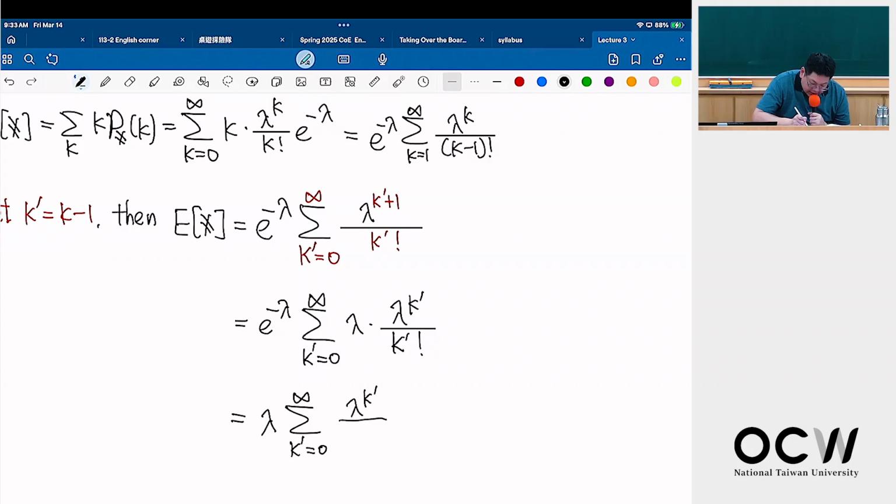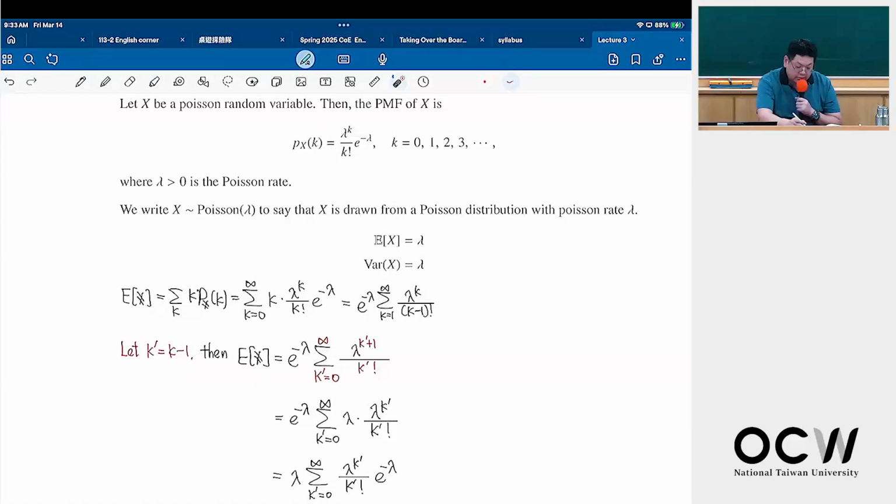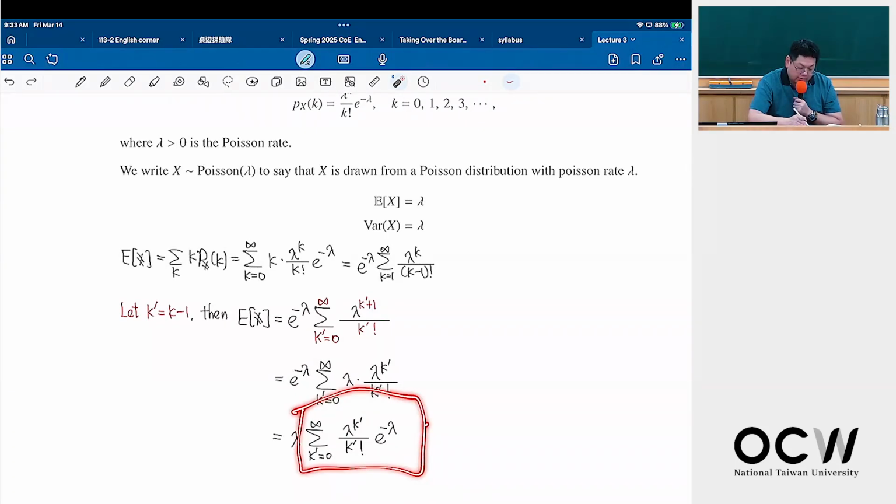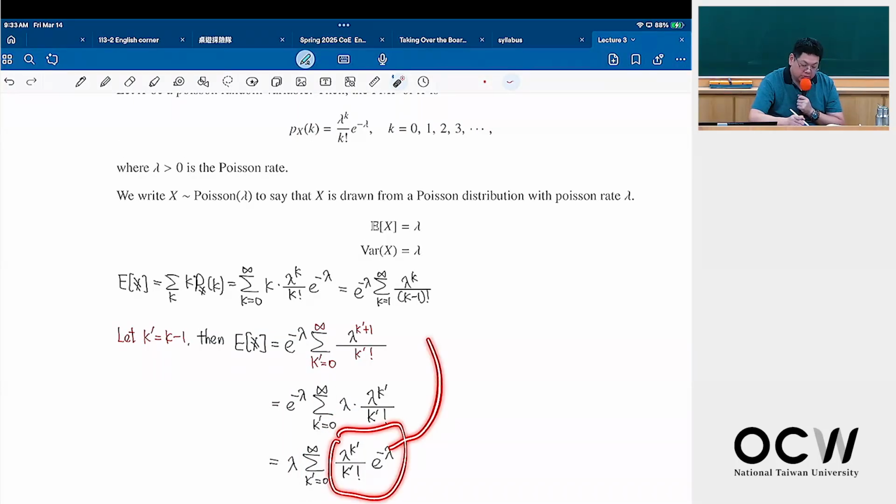Lambda to the k prime divided by k prime factorial times e to the minus lambda. Now, what is this summation? Lambda to the k prime over k prime factorial e to the minus lambda, this summation from 0 to infinity. What is the result? You will also see that this is the PMF of a Poisson random variable, right?